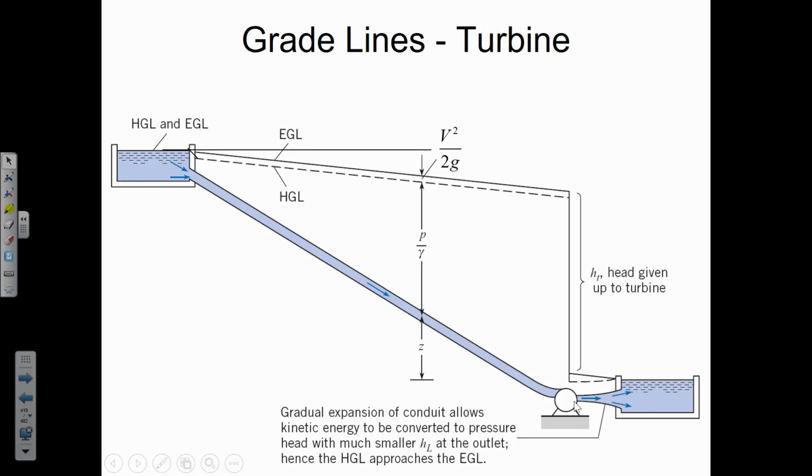But what that means is that with the gradual increase in diameter, the pressure is gradually going to be decreasing. And so that's why here they've drawn that the hydraulic grade line and the energy grade line are gradually getting closer and closer together, because the velocity head is getting smaller as the diameter of that conduit is increasing.